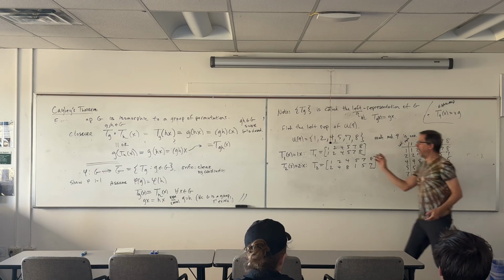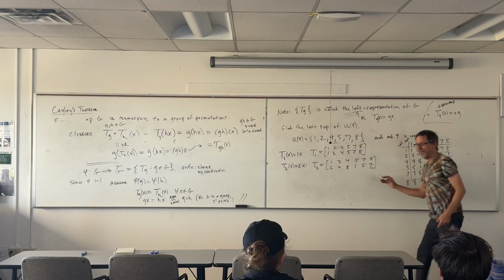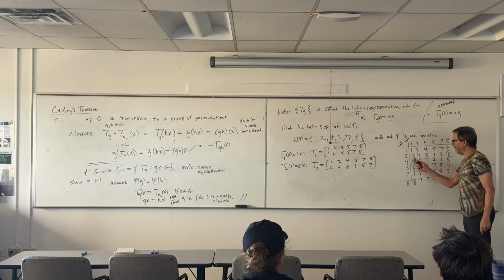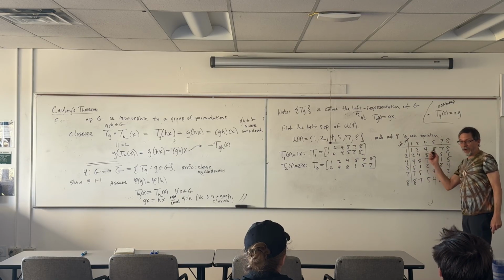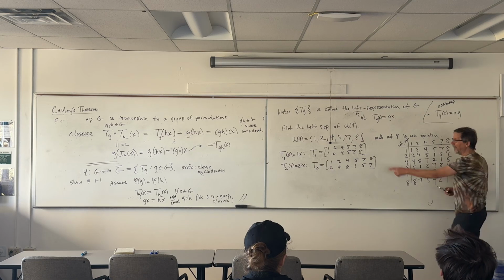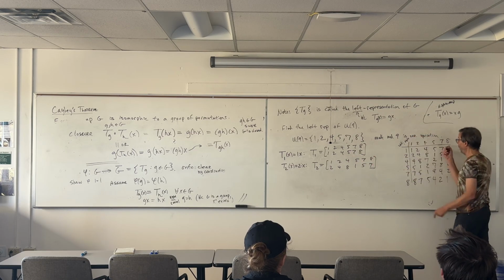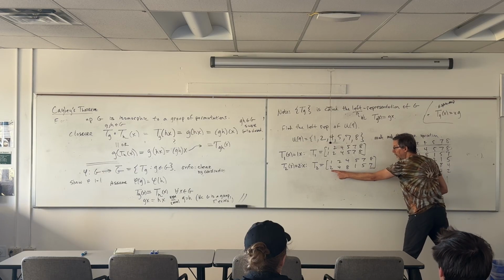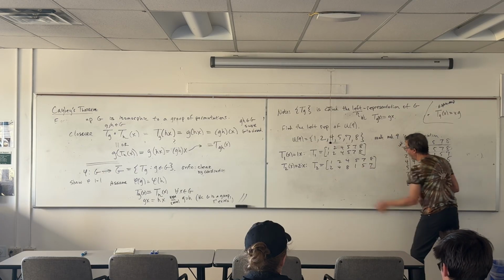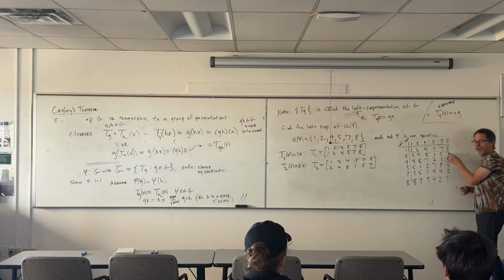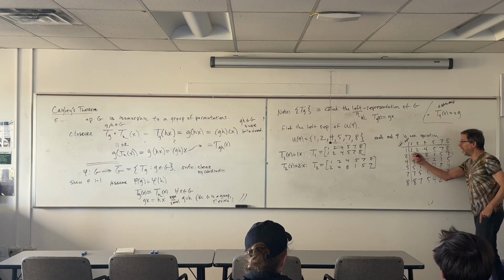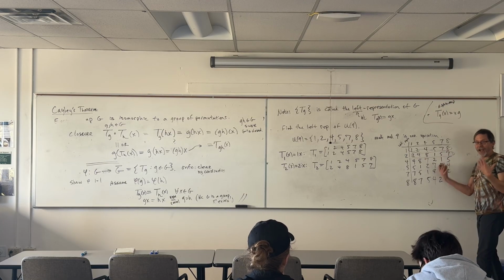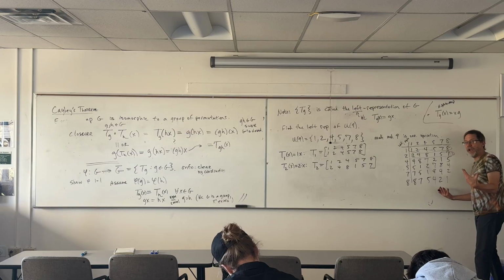Notice how the bottom row is simply the corresponding row here. This permutation was my identity permutation. Its bottom row is this. This permutation, that's multiplication by 2, 2, 4, 8, 1, 5, 7. This Cayley table is kind of encoding the permutations.